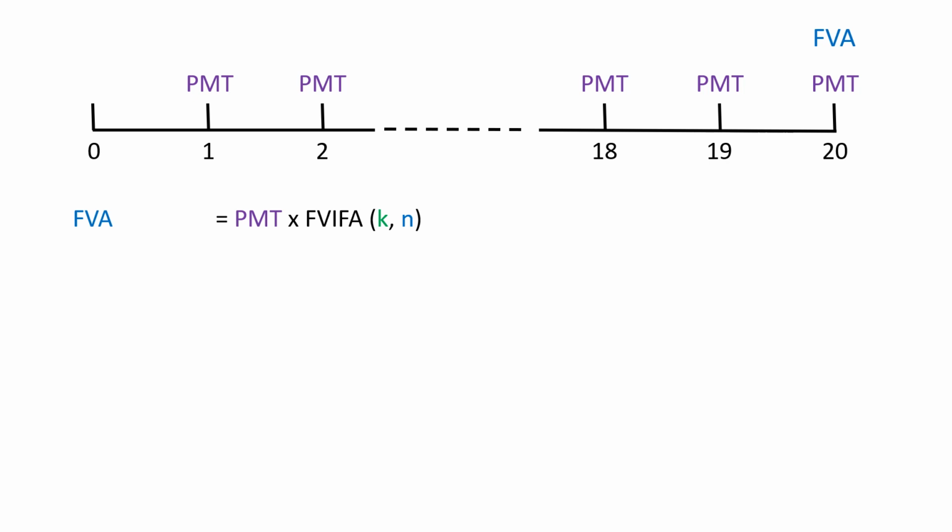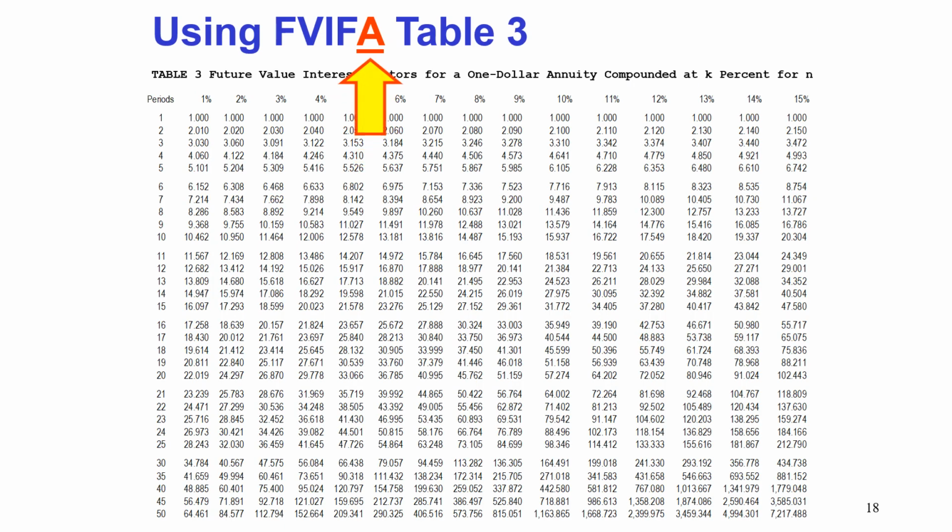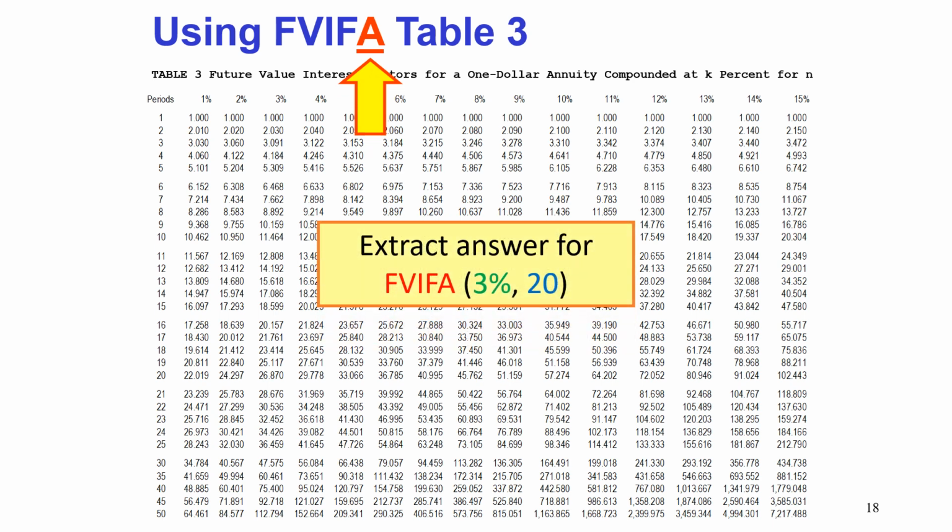We use this formula, substitute the figures in to find PMT, refer to the table, make sure you get the correct table. Next, we find the answer.